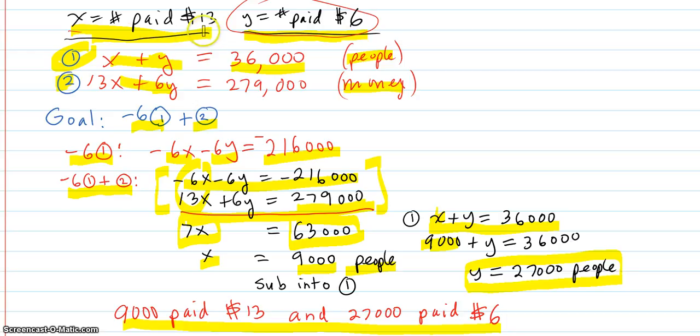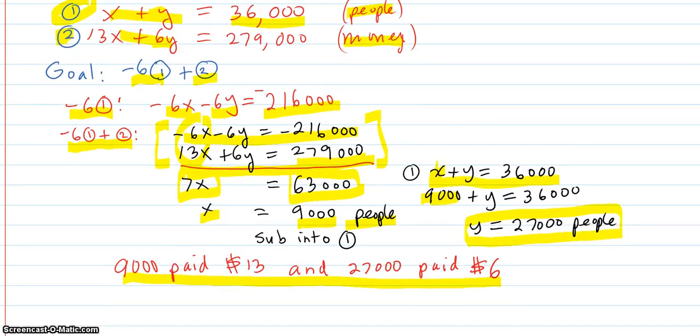X is the number that paid 13, and x turned out to be 9,000. So 9,000 paid $13, and 27,000 paid $6. And I really should have put people in here. People, people. Okay.